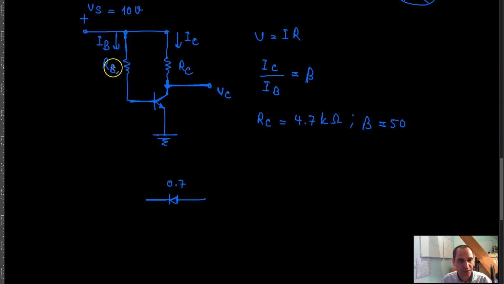All of these resistors and everything that you use over here have their own tolerance of 10%, 20%, 5%. So this 0.7 volt voltage drop is not going to be that important in calculation.